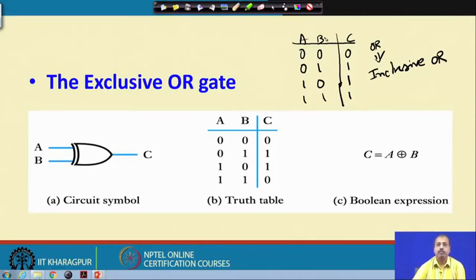It has many fundamental usages in digital circuit design. Here we have two inputs A, B, and C is the output. This is the symbol for XOR: the plus is the symbol for OR, and if you put a circle around it, it becomes an XOR operation. If both the inputs are equal to 1, the output will be 0; the output is 1 only when exactly one of the inputs is equal to 1.